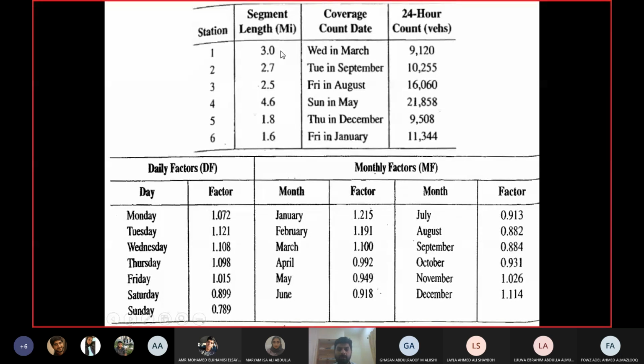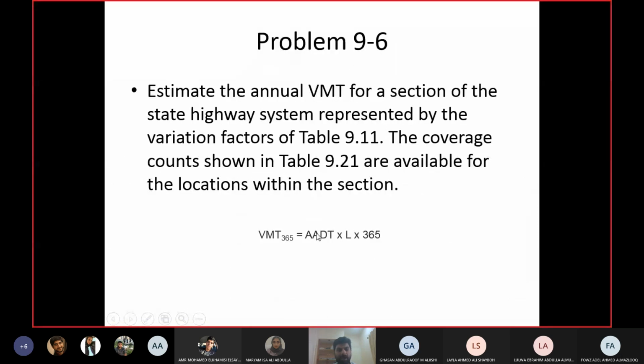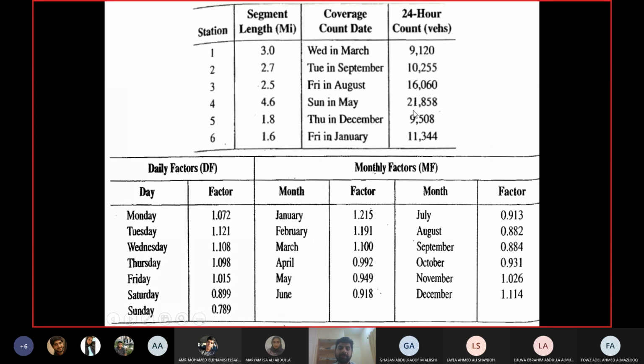So first of all, if I go back, the equation is this. I have the length, and 365, obviously the number of days in the year, will not change, but I need AADT for each point. This is a 24-hour count, and like we did in the previous example, this count was taken on a Wednesday in March.